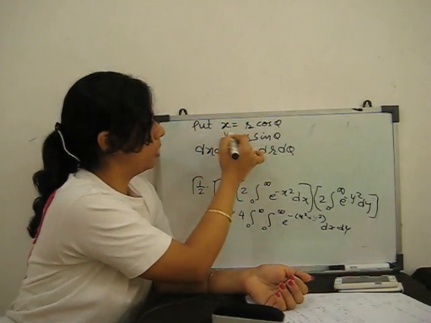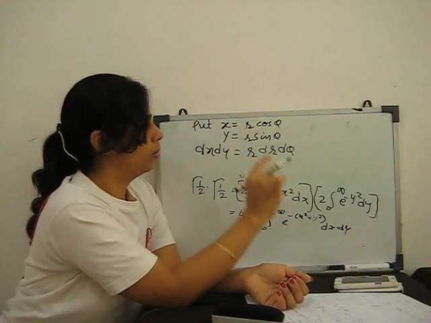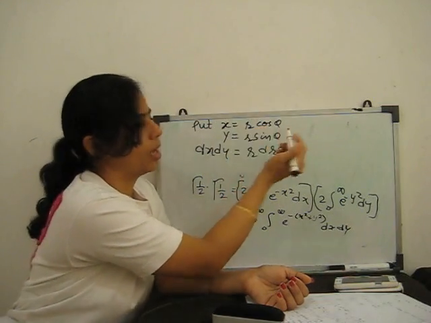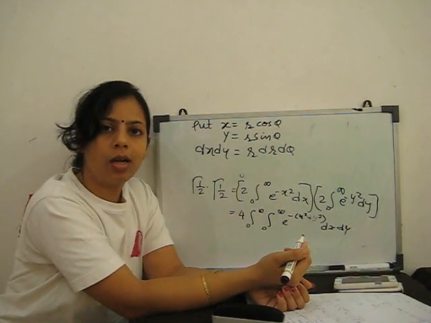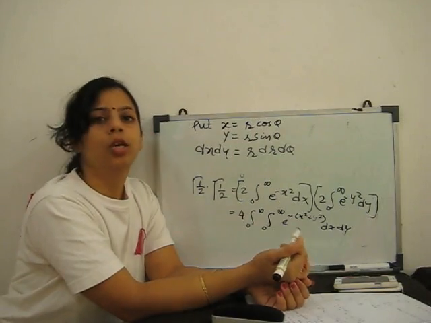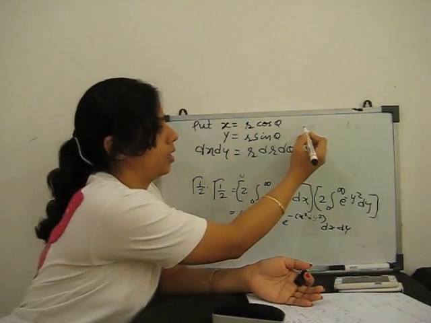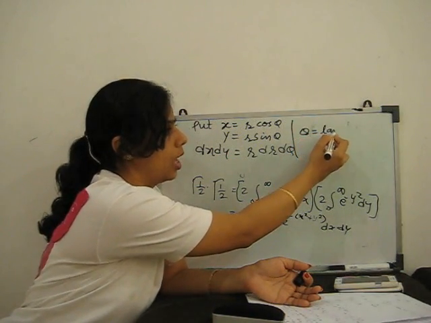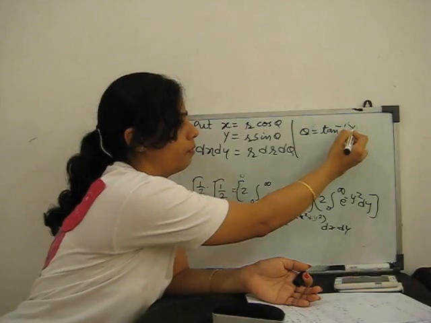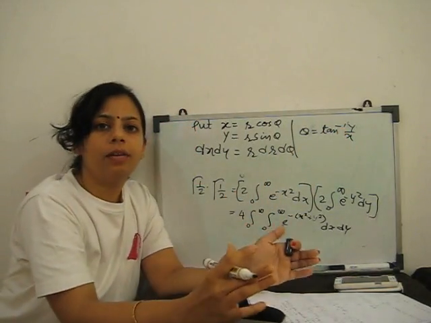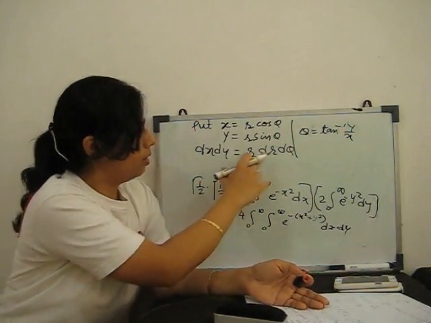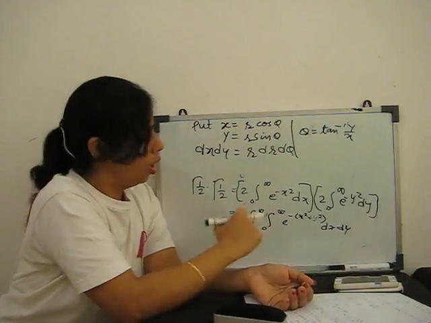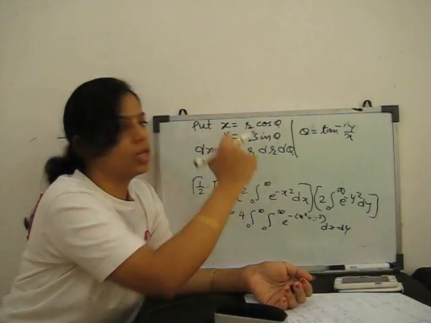One more thing, if we divide, y by x is sin theta by cos theta, that is tan theta. So tan theta is y by x, or we can say theta is equal to tan inverse of y by x. We find the value of theta because when we convert this integral into r and theta, we have to find the limits in terms of r and also in terms of theta.